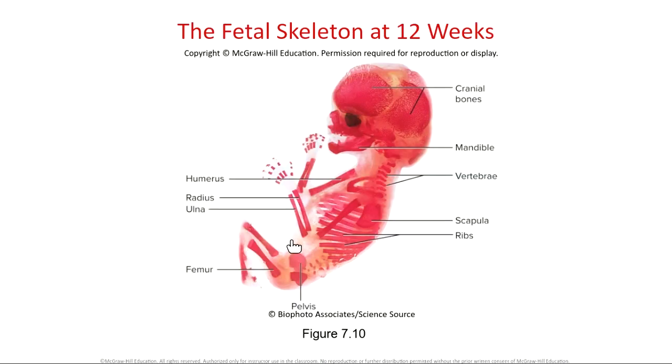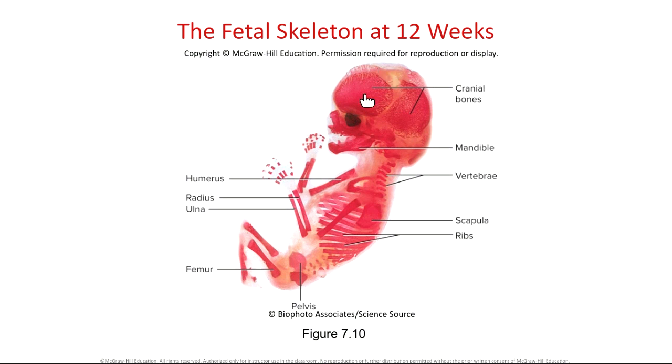Here is just a picture of a fetal skeleton at 12 weeks. Keep in mind, we're forming, but at 12 weeks there are still a lot of places of cartilage. You can see this especially with the cranial bones. The cranial bones are bony, but there's still a lot of cartilage here.